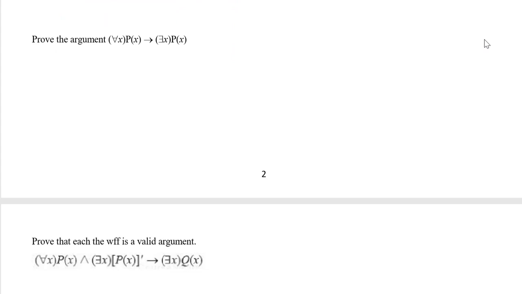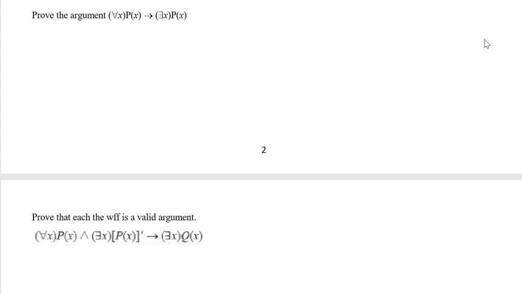So let's see this example. Prove for all x, p of x implies there exists x, p of x. And it's very common. If it is true for every x, it must be true for one x, right? Very simple. So we have the hypothesis as for all x, p of x.